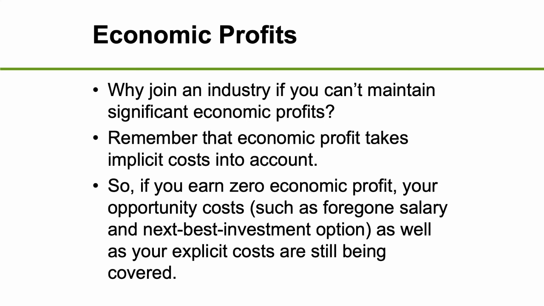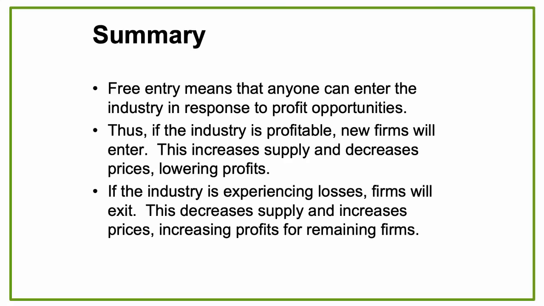So you could go work somewhere else and earn money. That's your implicit cost. That's covered. So your explicit costs are covered, your implicit costs are covered. So just the fact that you are breaking even isn't a bad thing. It just means that you're not earning anything above what you could be earning at another alternative option, at another job, in another occupation.